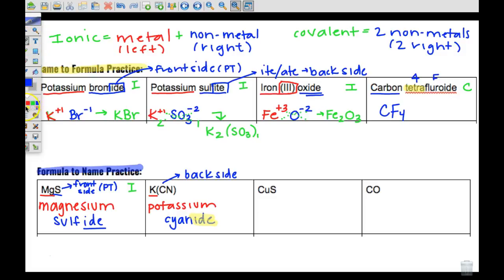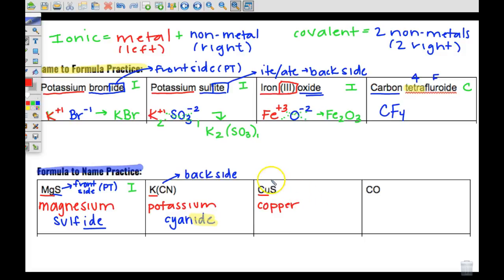Our third example follows the same pattern as the first sheet, where we still ask ourselves the same first question. Is copper, my first element, a metal or a nonmetal? And after looking at my periodic table, copper lives in the middle of the periodic table, so it's a metal. So I'm going to start with writing the full name of the first element.